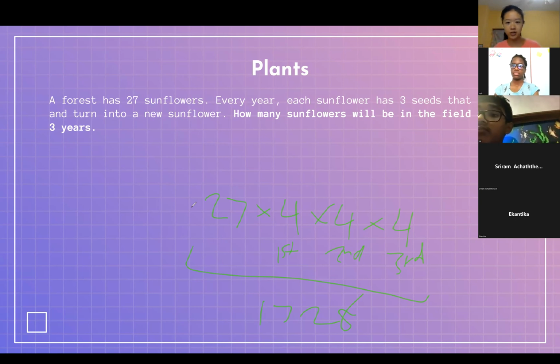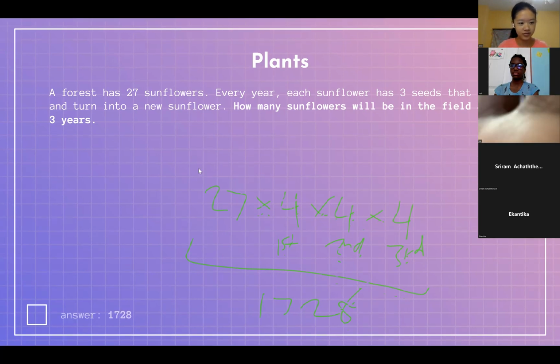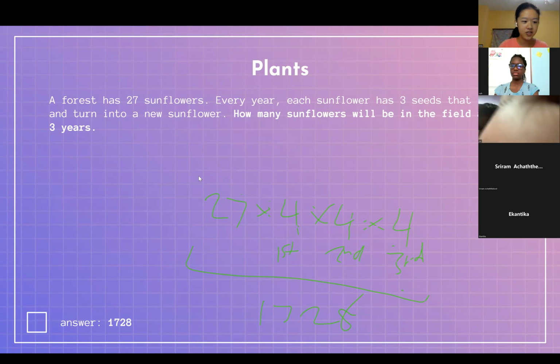Does anyone have sunflowers in their garden? Interestingly, last year I had 1 sunflower, and this year I have 3 sunflowers because some of the seeds grew up. Unfortunately, one of the 3 sunflowers died. I'm not sure why, but it just fell and then it died. Ooh, are they the mammoth sunflowers?